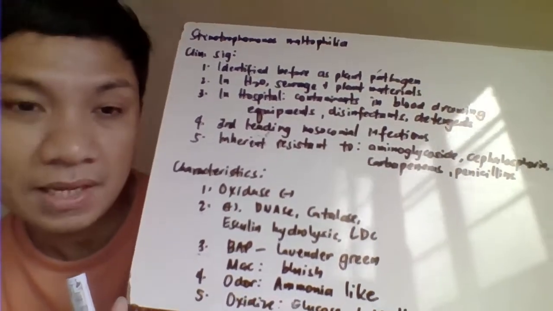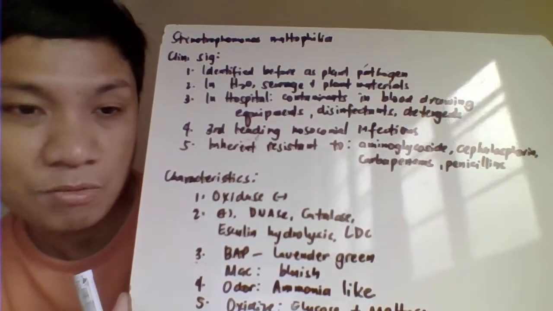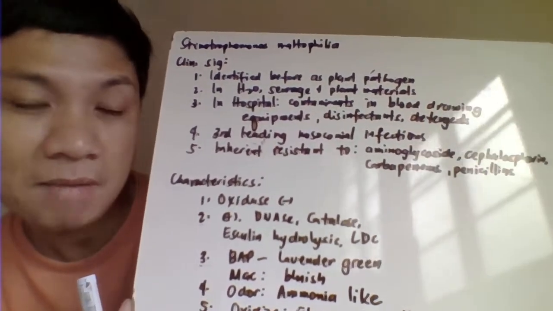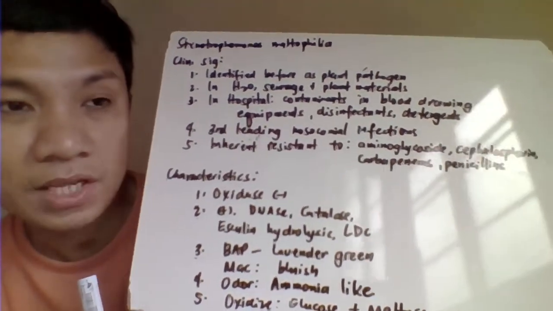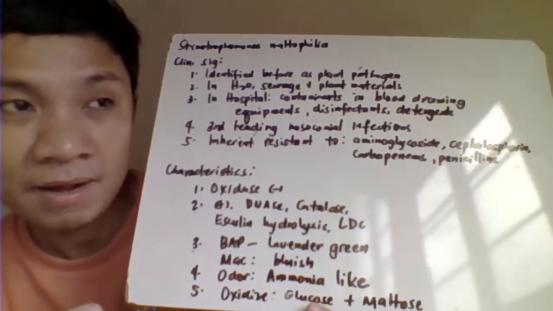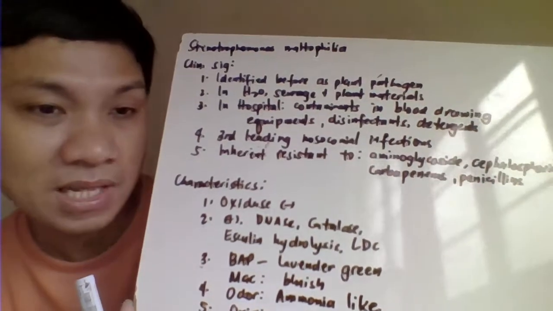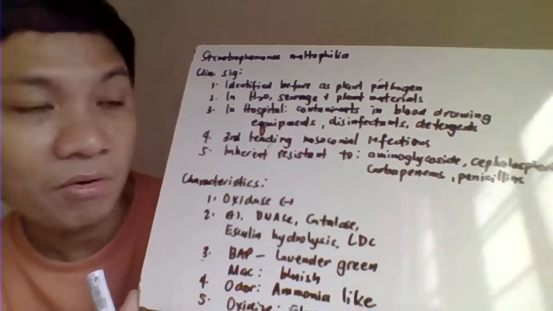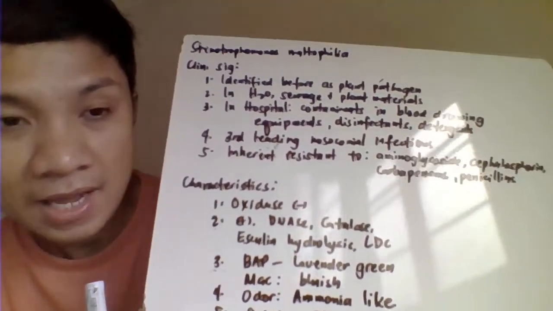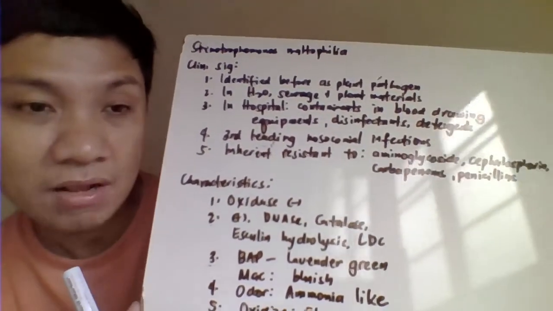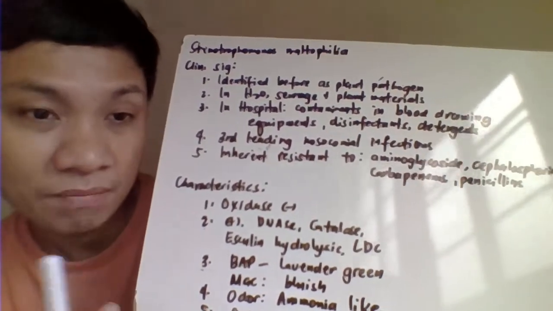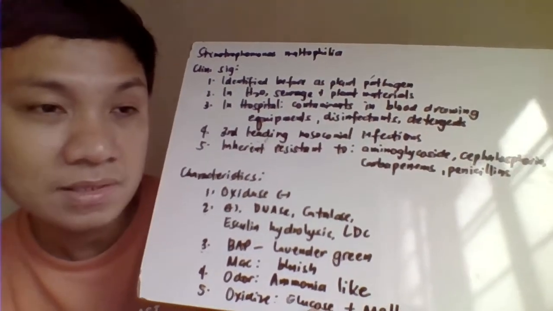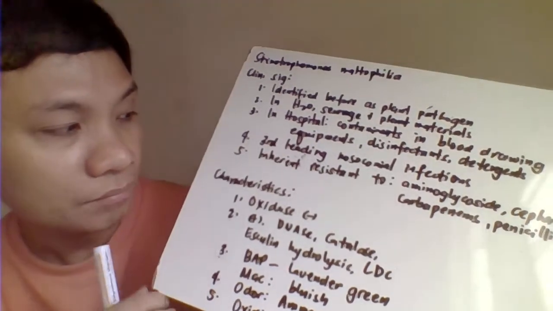But in the hospital setting, this bacteria is most likely found contaminating your blood collection system, ginagamit natin for blood collection, including your syringe, your tourniquet, and all the other equipment. Aside from that, it could also be found in your disinfectants or even your detergents. We consider this one the third leading cause of nosocomial infection. The third lang siya, number one natin, Pseudomonas, followed by your Acinetobacter.